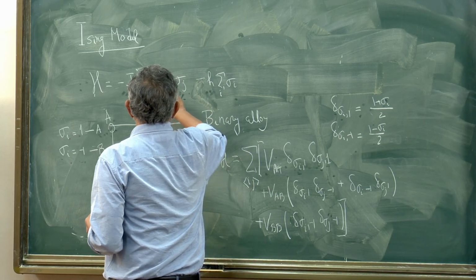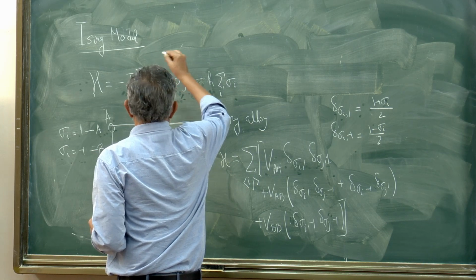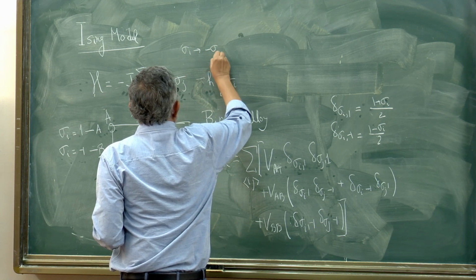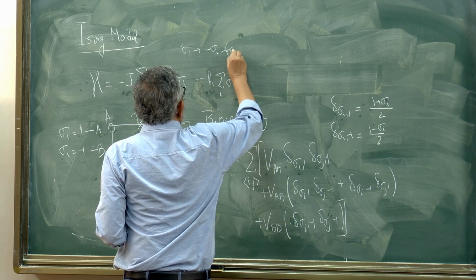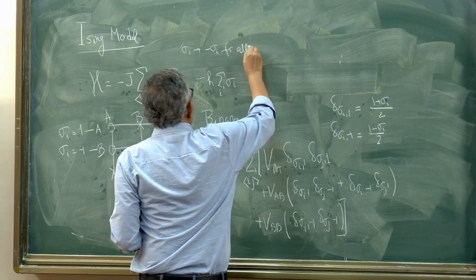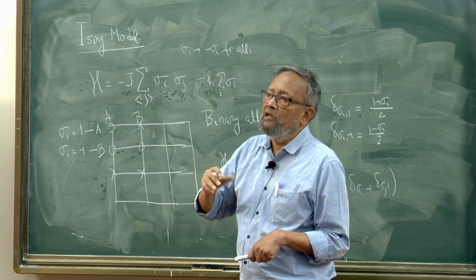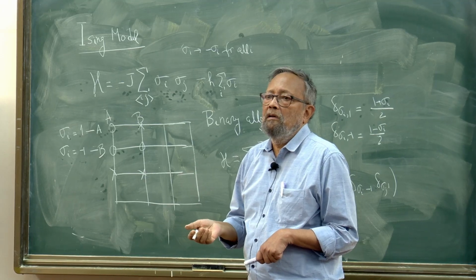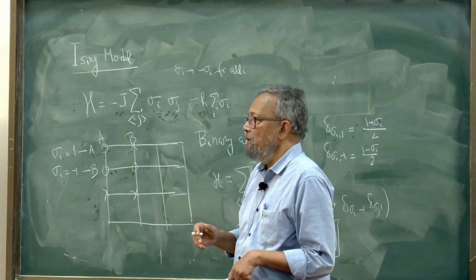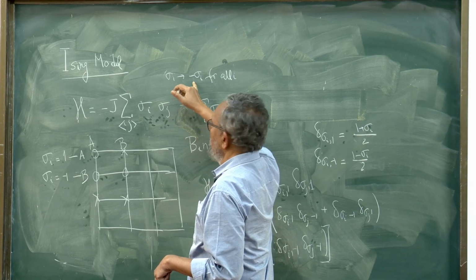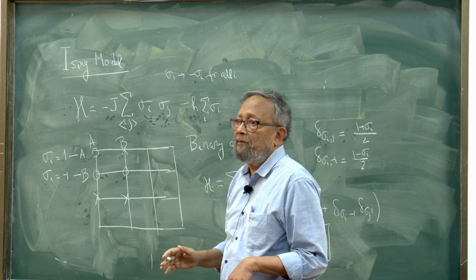If I now do this global spin flip, sigma I goes to minus sigma I. This is a global operation where I'm taking the spins of all the lattice sites. And since it is quadratic in the spin variables, when I make all of them minus, the energy doesn't change.